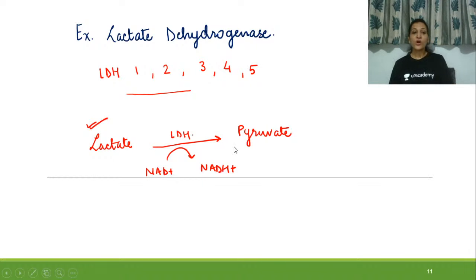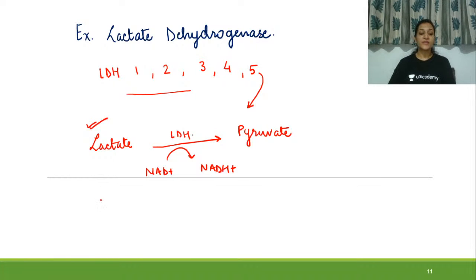Right? So all of the isoenzymes of LDH, they are doing the same reaction. They are not performing any different kind of reaction. They are performing the same reaction. So if they are performing the same reaction, where are they different? Or how can you differentiate them from each other?